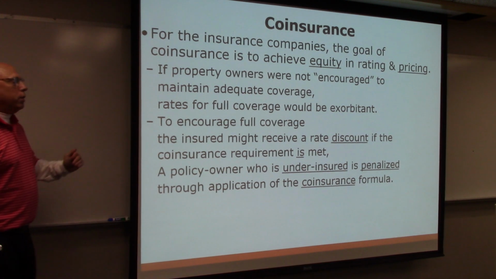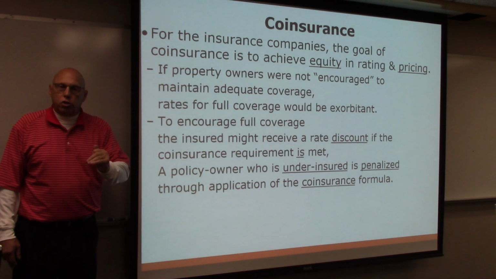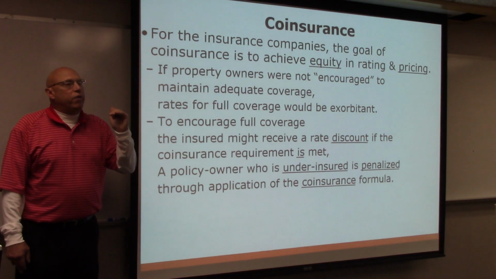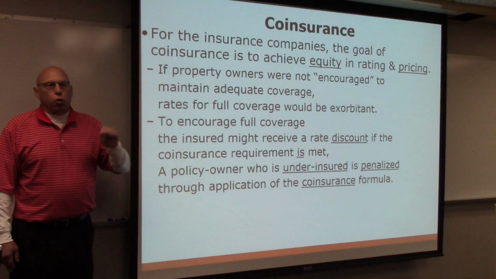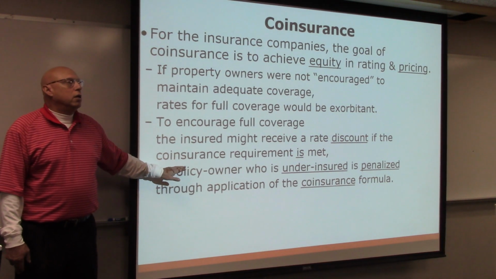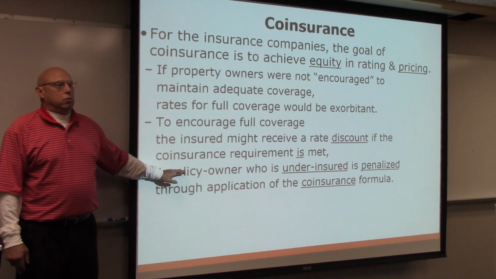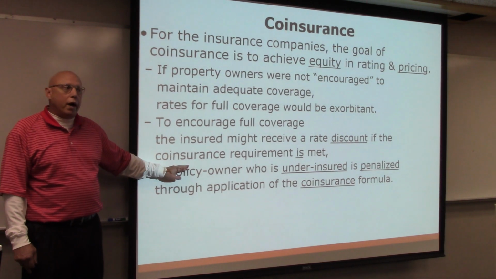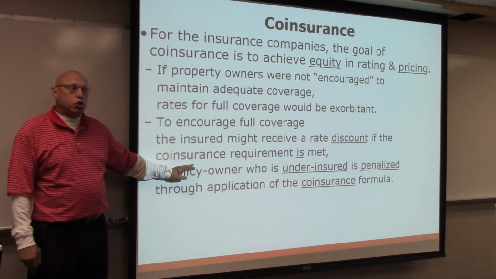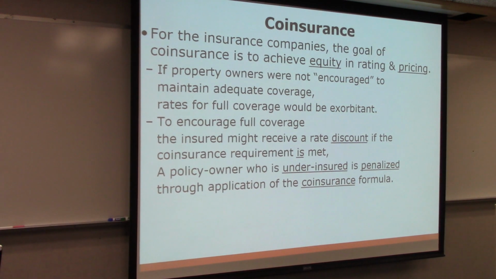The insurance company is trying to spread costs fairly. So if you try to take out a policy that doesn't cover adequately, then the rate, not the total premium, but the rate, will be higher to discourage you from doing that. This is something you need to keep in mind.